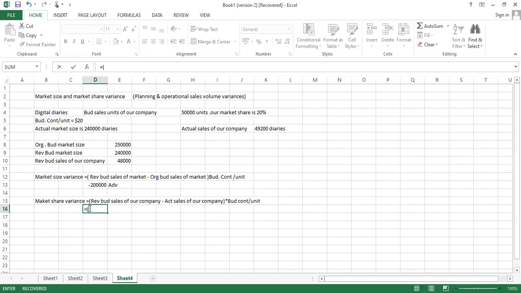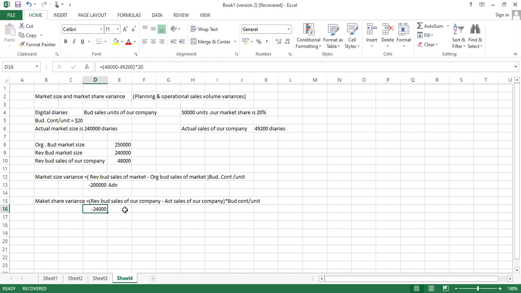So revised budgeted sales of our company are 48,000. We should sell 48,000, actually we are selling 49,200, into contribution of 20.